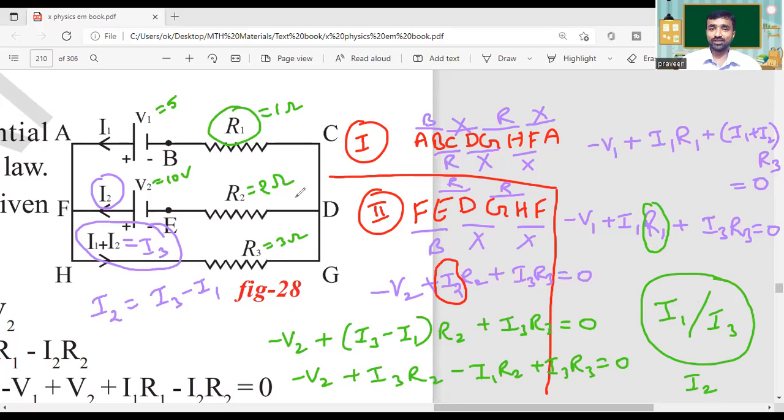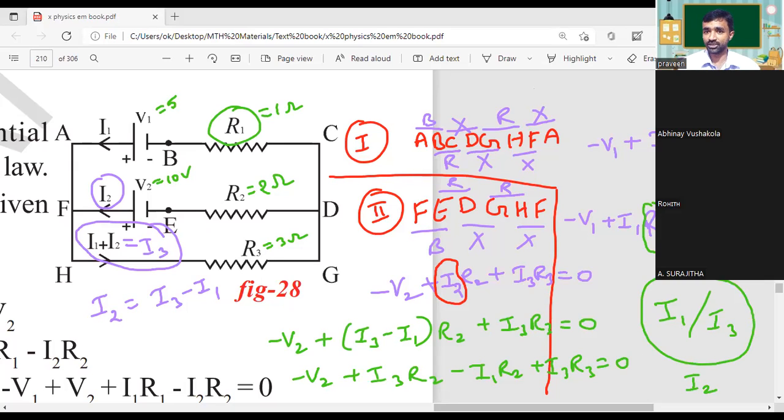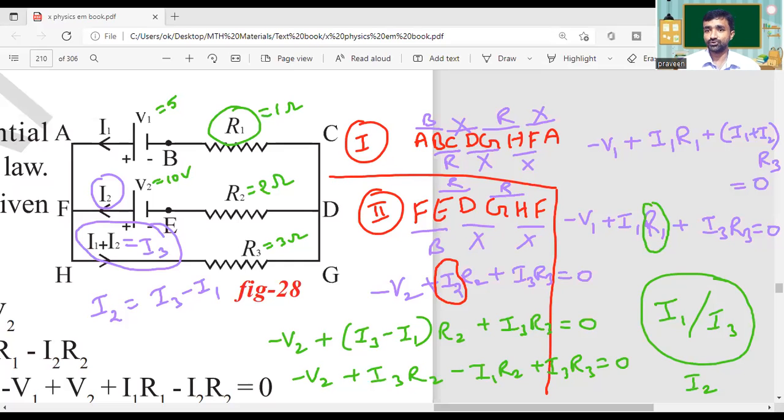I don't know if it is possible or not, but I think it is certainly possible. So take a screenshot, please. Solve it. Try to solve it using the same loop law.